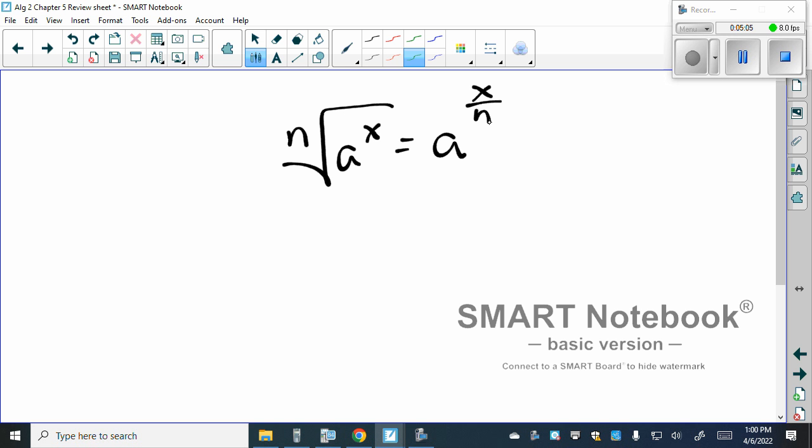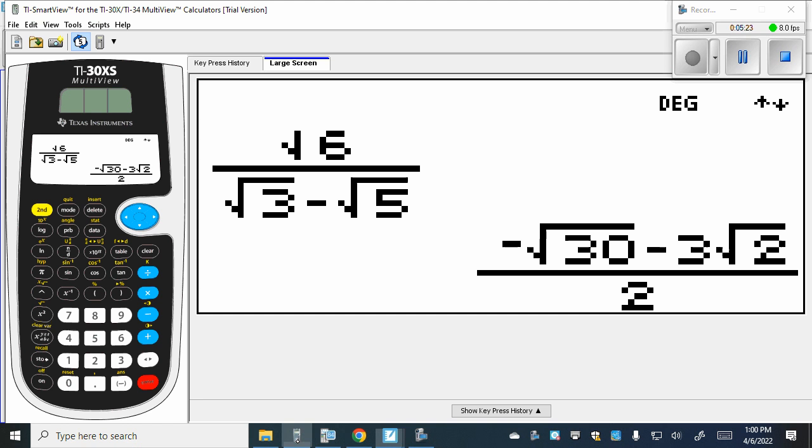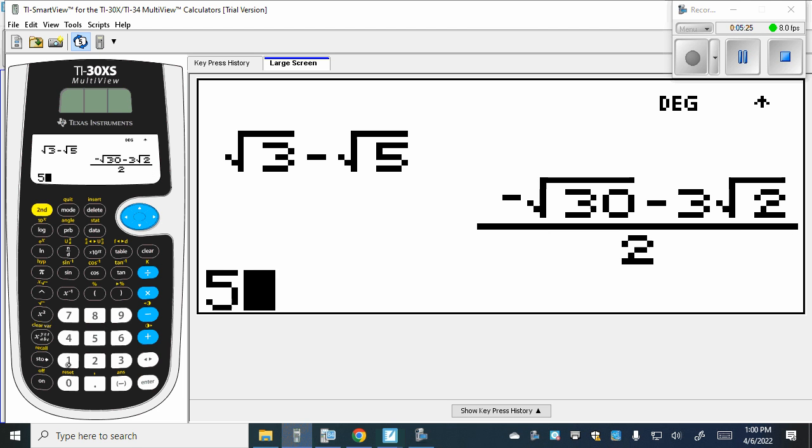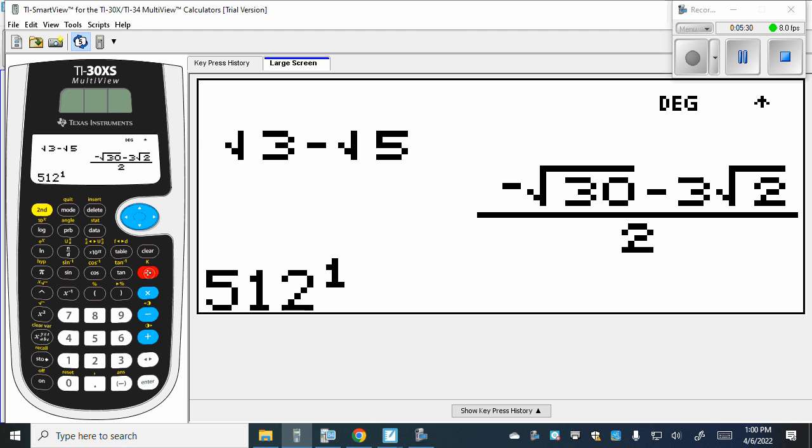Sometimes it's easier to type them into the calculator as a fractional exponent than to pull up the nth root, type the index in, and then do the exponent. For 512, we could say 512 to the 1 divided by 9, and it'll still give us 2. So we could do it either way. It'll still give us the same answer.